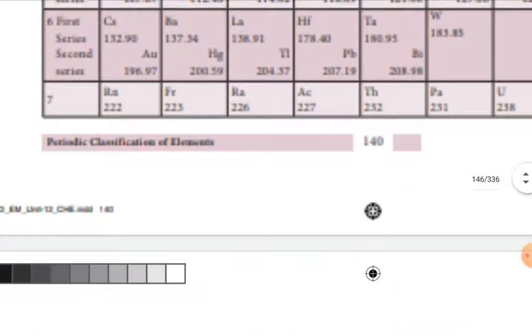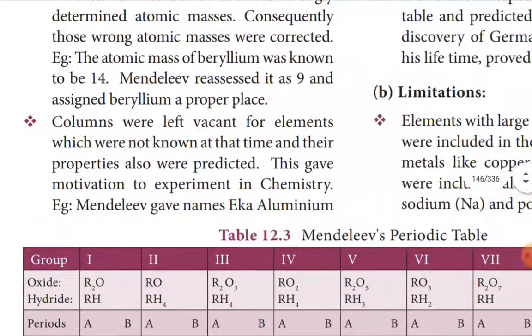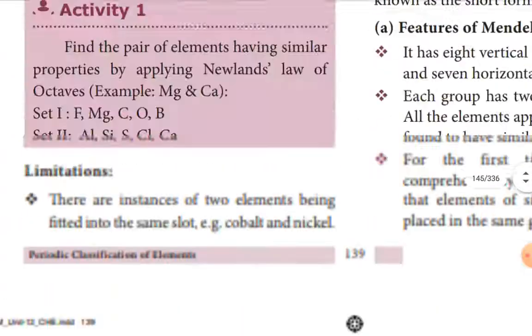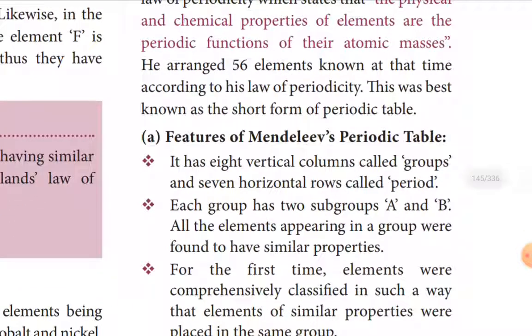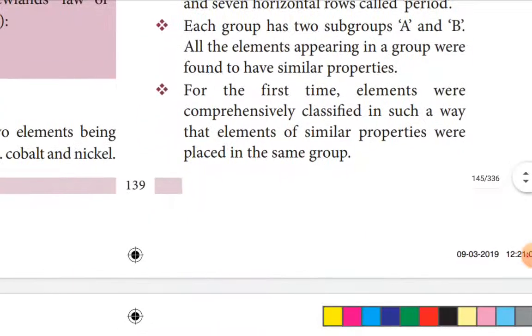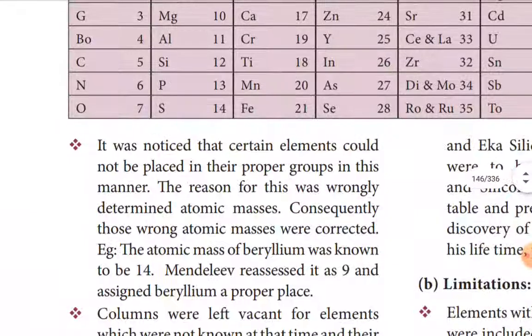So my dear students, you have to go through this simple topic. What is the Mendeleev periodic table, the Mendeleev periodic law: the physical and chemical properties of elements are periodic functions of their atomic masses. And in the features, you should know what groups and periods are; the features are very, very important.